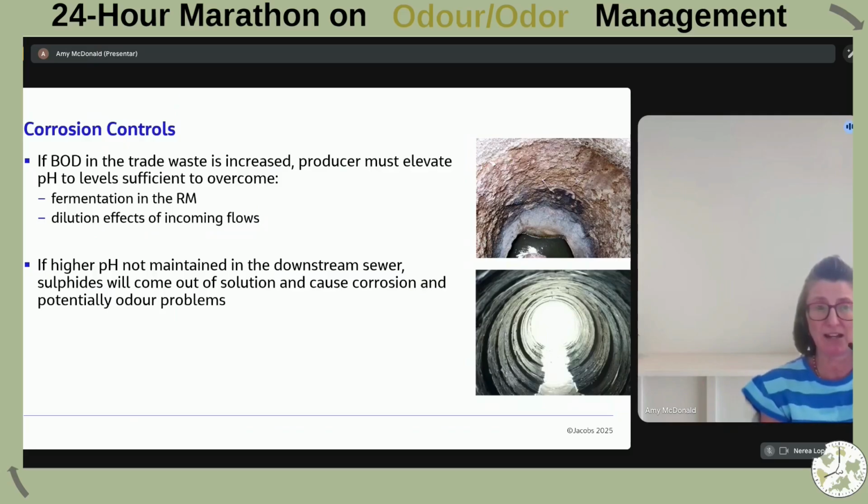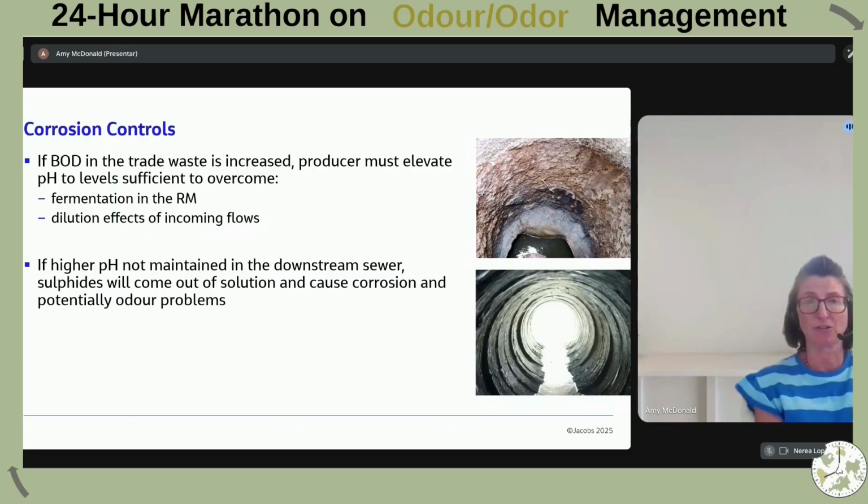And if this higher pH was maintained in the downstream sewer, they'd be able to control sulfides, keeping them in solution and minimising corrosion and potentially odour problems.